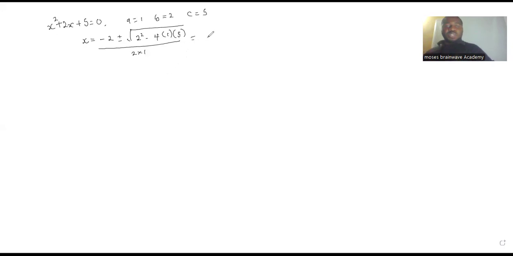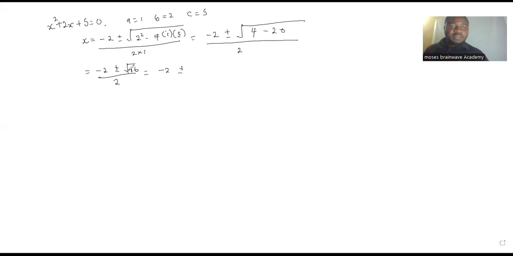So this will give us minus 2 plus or minus square root of what? Here we'll have 4 minus 20, because 4 multiplied by 1 multiplied by 5 should be 20. Then we'll have upon 2. So basically, we're going to be having minus 2 plus or minus square root of 16, but this 16 is going to be negative, right?